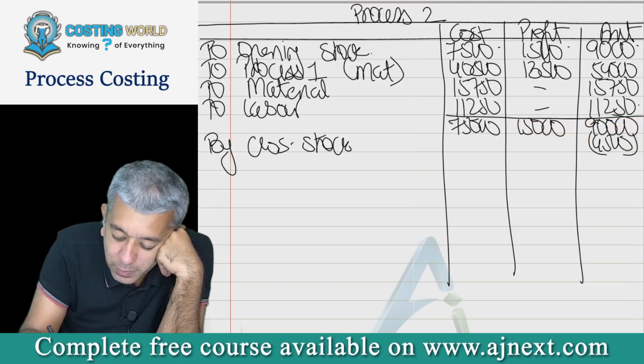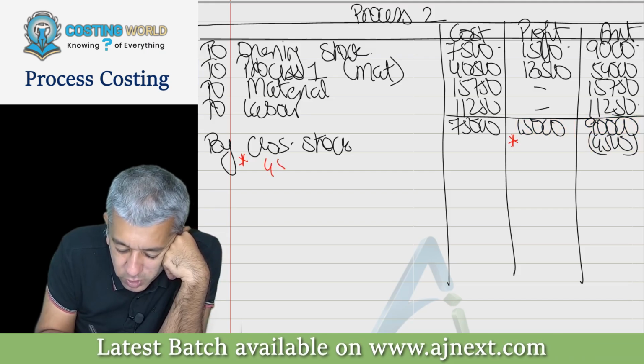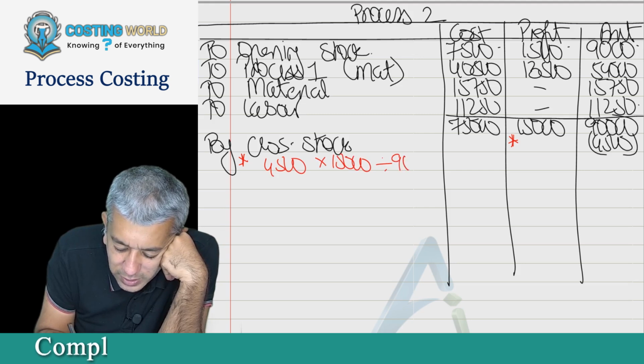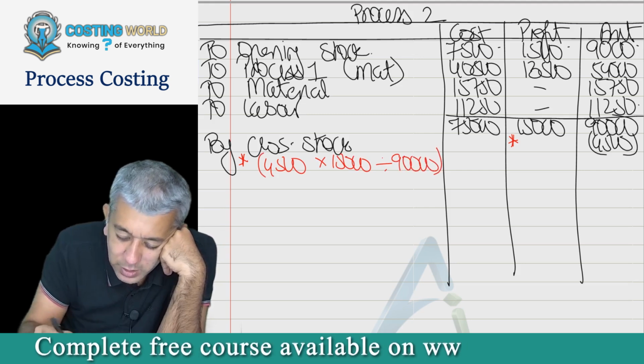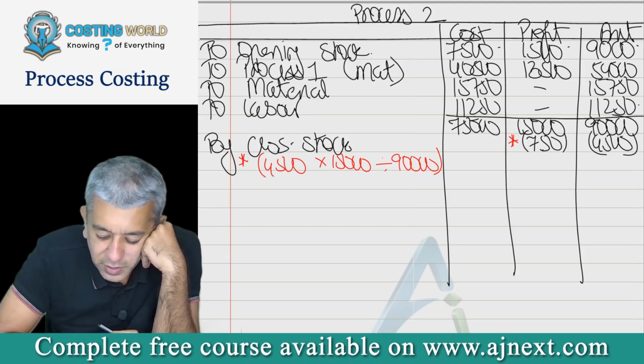So I'm cross multiplying. Put an asterisk over here. 4,500 into 15,000 divided by 90,000. Just cross multiplying and nothing else. 750.